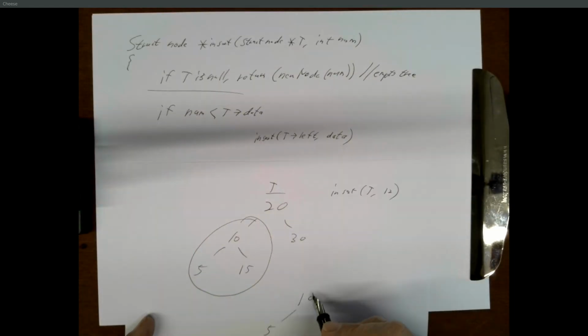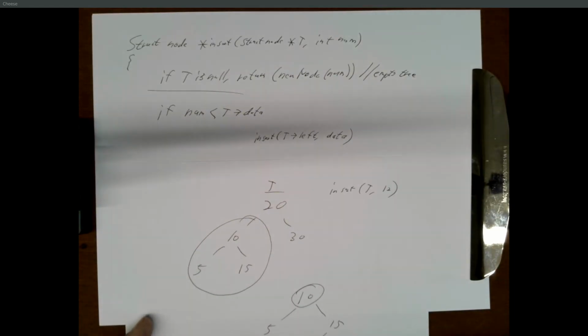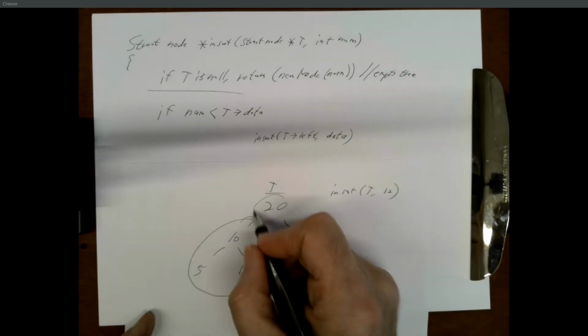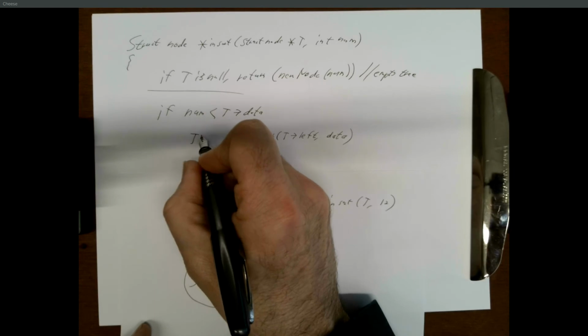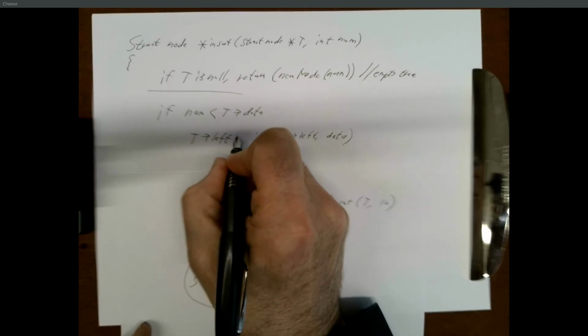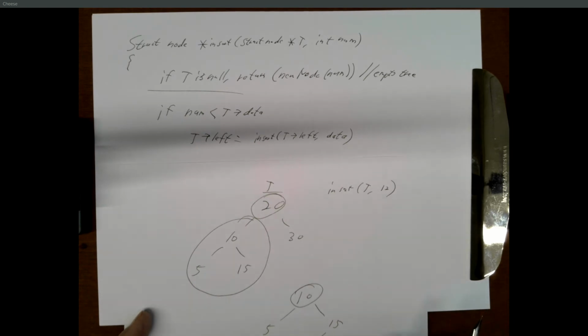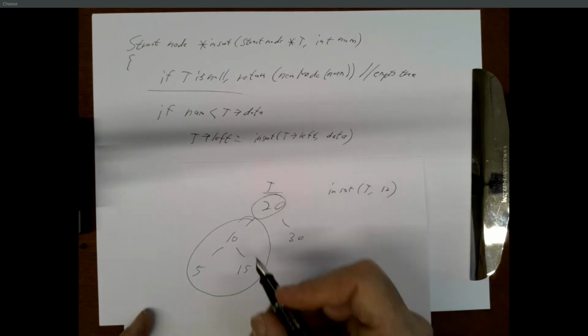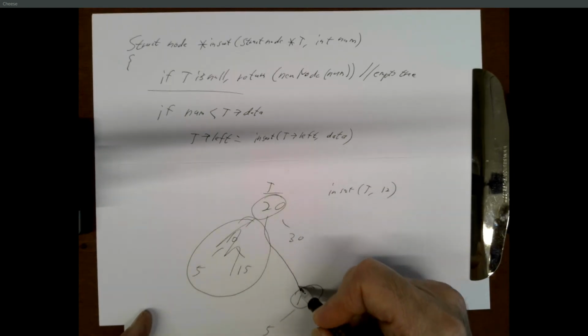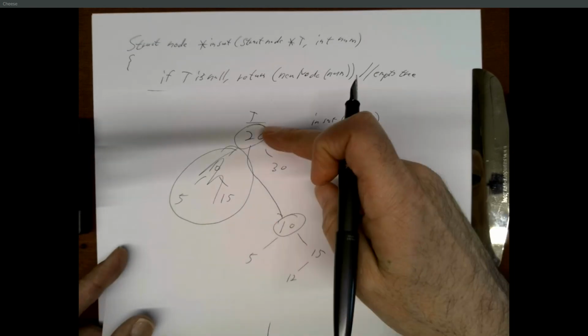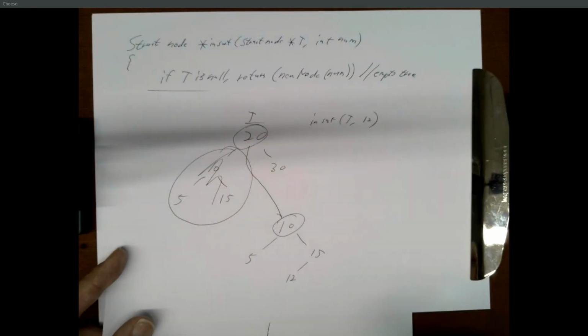And insert's going to return this root. And we're going to take the original root node and change its left subtree to be whatever insert returned. So that's going to set 20 to point to this. So now we have 20, 10, 5, 15, 12.